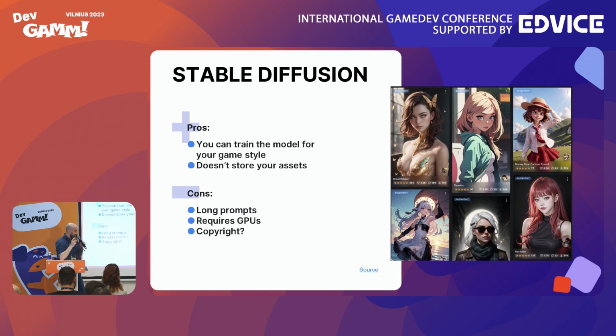Moreover, if you already have any references, like images from your game, you can describe them with the Midjourney describe feature, and you will get prompts and style references, and you can use these prompts in both Midjourney and Stable Diffusion, and maybe it will help you.